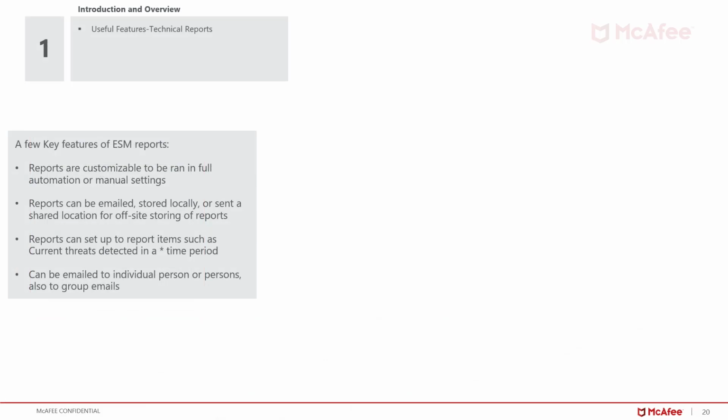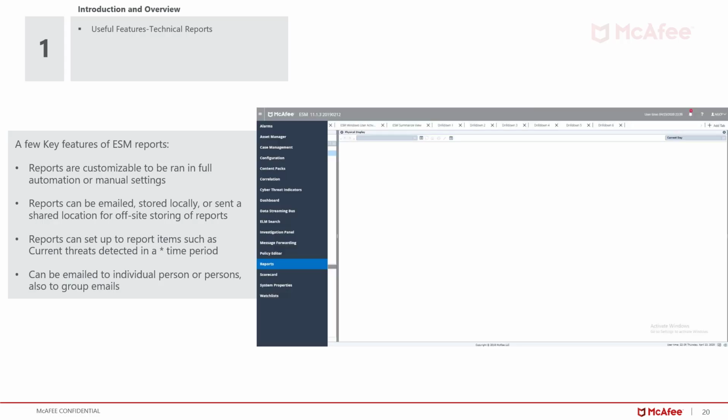Now, one of the nice features is that, to reduce some overhead that admins sometimes run into, which is getting reports for their executive chain, they can build an automated process for it to be emailed to an individual person or group email on a scheduled time frame, either daily or weekly, so that way they're not having to do it all the time.